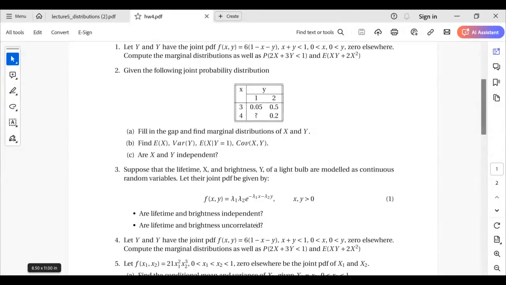Here you have some exponential distribution, joint exponential distribution. We have not covered it yet, but I think you got it in the first one. Probably you're going to receive independence here. I'm not sure, but just treat them as positive constants.